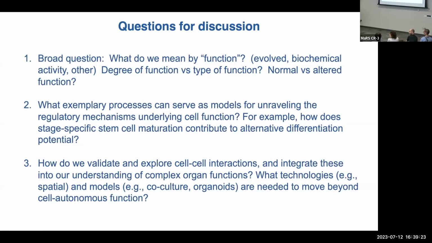So I think a key question, there's not going to be an answer of what function is that everyone accepts. The main thing is you need to be very careful about using an operational definition that you can define if you're talking about function.